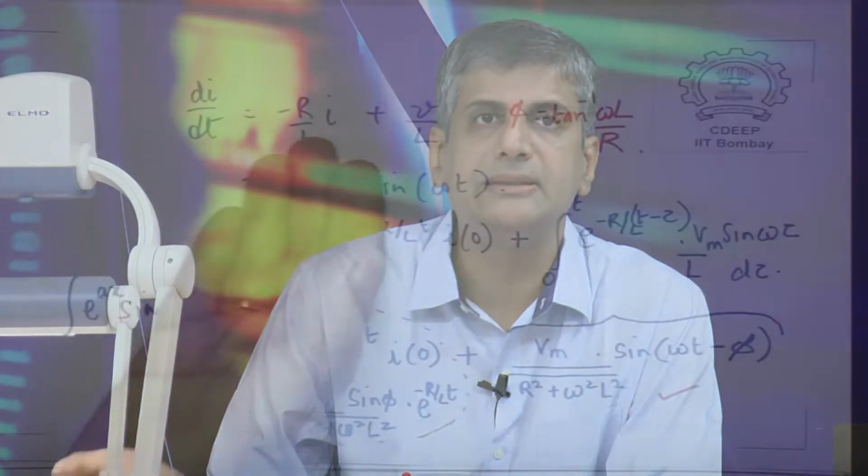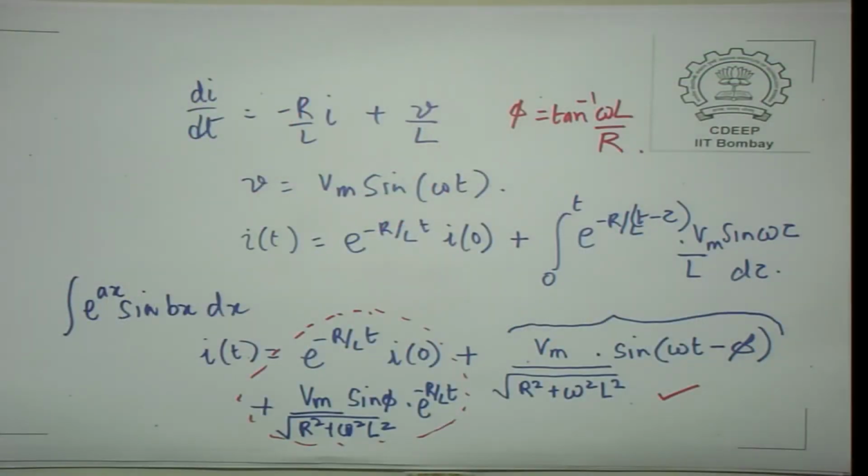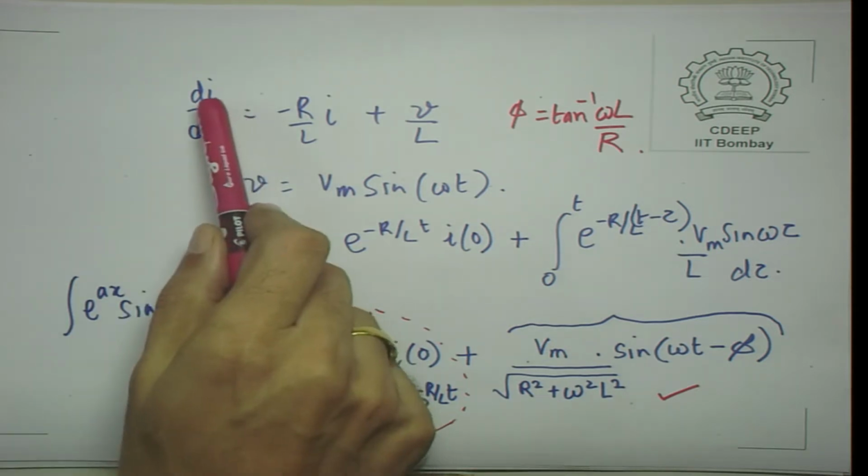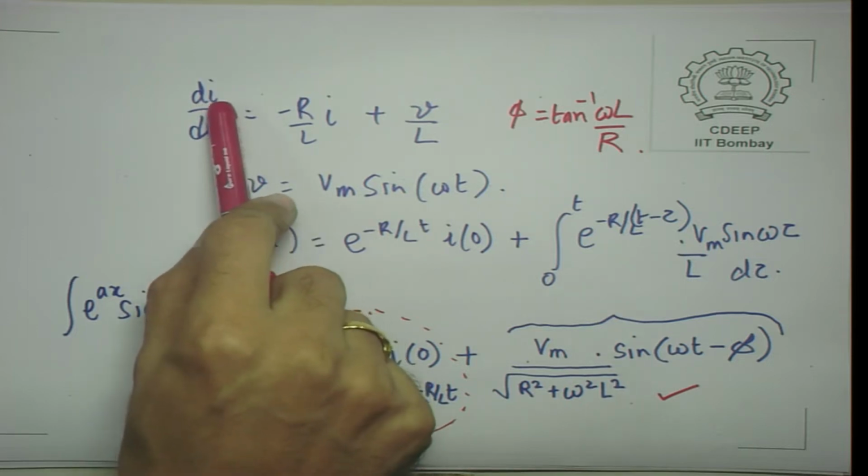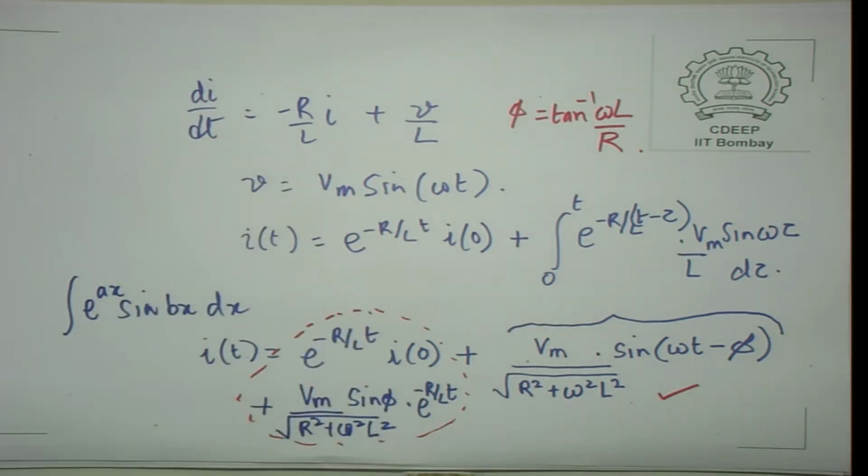Now, one of the important points is that in case current is actually defined by this differential equation, the current can't change instantaneously. The reason being that if current changes instantaneously, then this di by dt will become infinity. So, one of the conditions which this solution satisfies, and that is why it is a correct solution, is that the current before the disturbance and after the disturbance is equal.